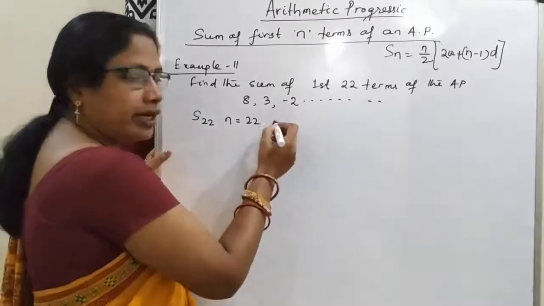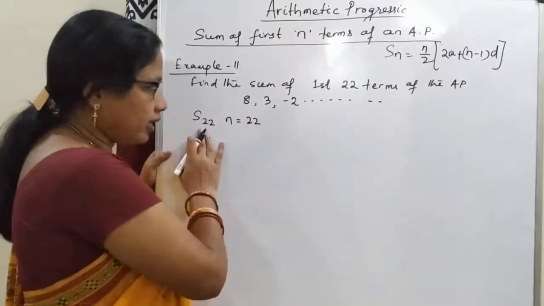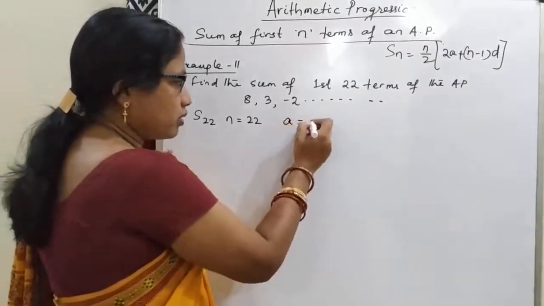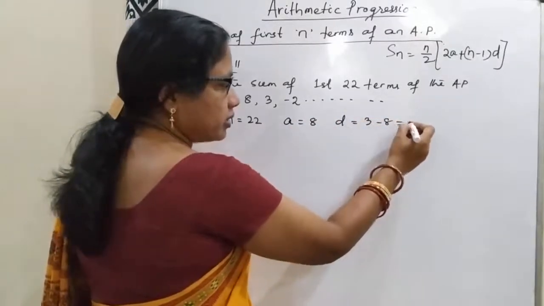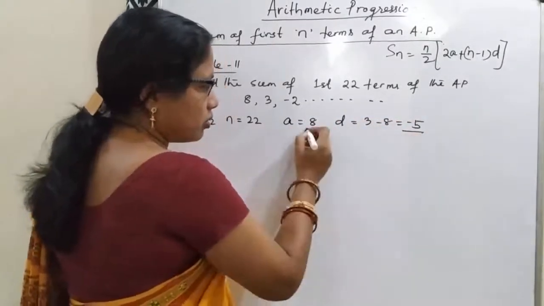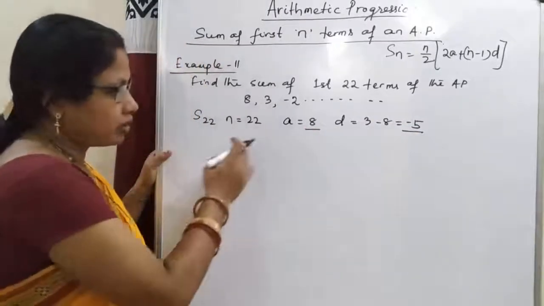So in this AP, we need a and d to calculate S22. So a is equal to 8 and d is equal to 3 minus 8. This is minus 5. So d is equal to minus 5, a is equal to 8.